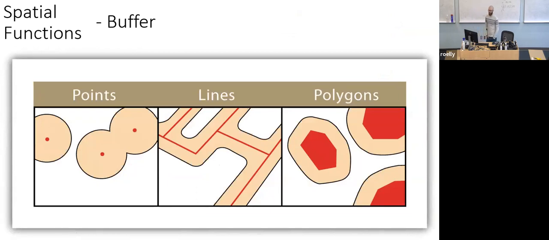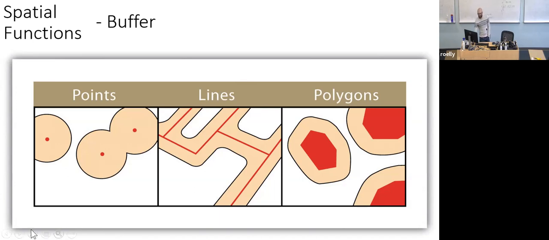So now we're going to go through a few different functions that are common within GIS, and we'll see especially this buffer one in an example later on through a WHO map. A buffer is just putting pretty much a circle of a certain size around your data.